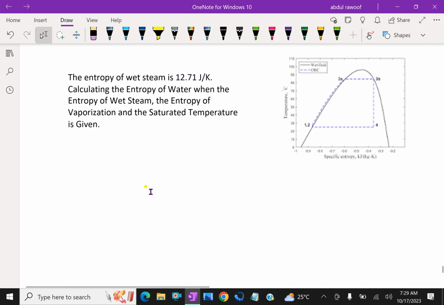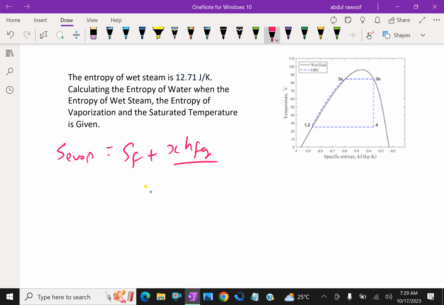But here for this, S wet is equal to Sf plus X hfg over Ts, where S wet is the entropy of wet steam.